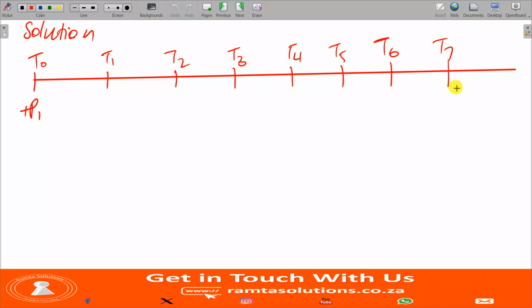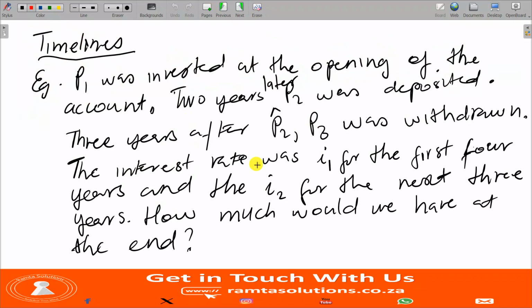You can interpret it like that. Again, this is the start of the first year, the end of the first year, the end of the second year, the end of the third year, and so on up to the end of the seventh year.